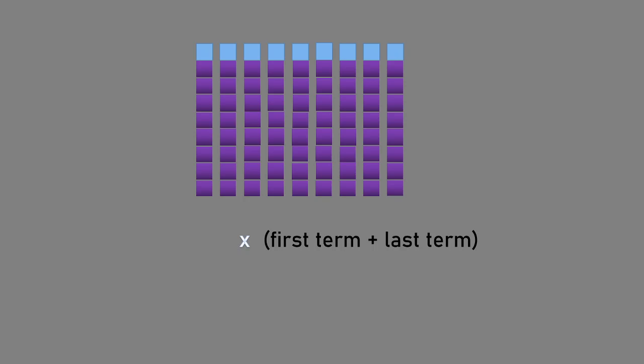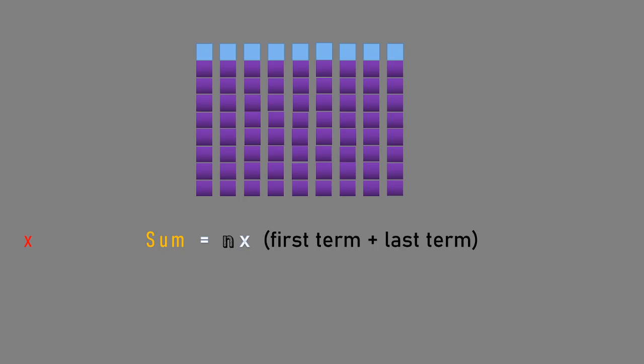But suppose there are n. To generalize it, however many columns there are, that many times you have to multiply. So n into first term plus last term, n into each column, right? Now that is equal to what? The sum?